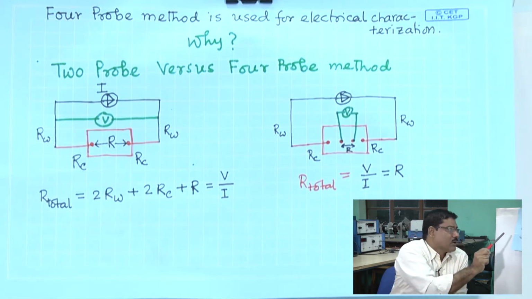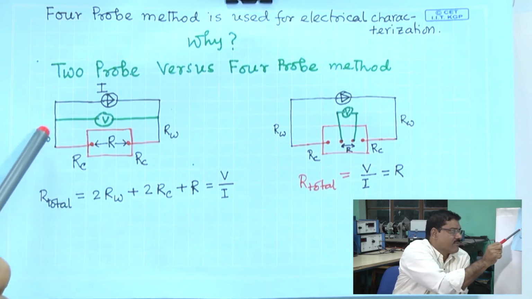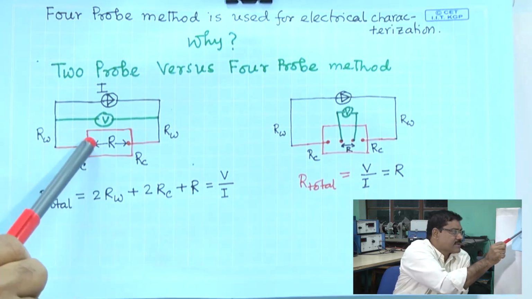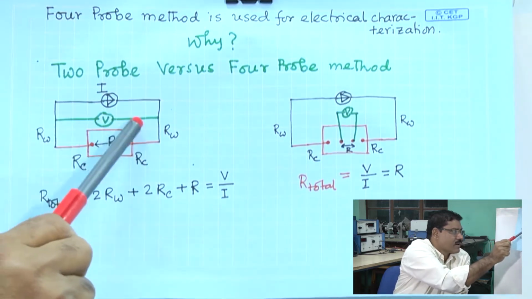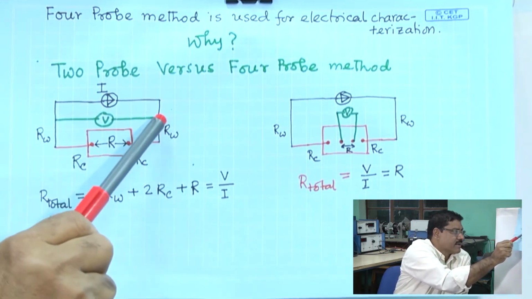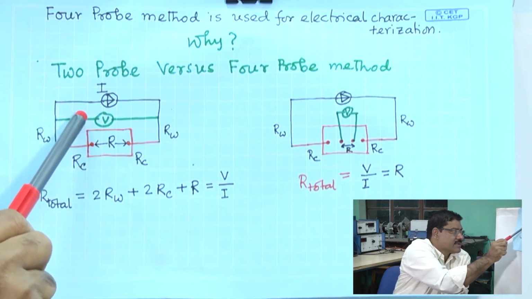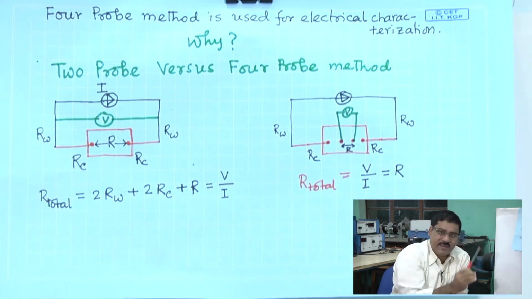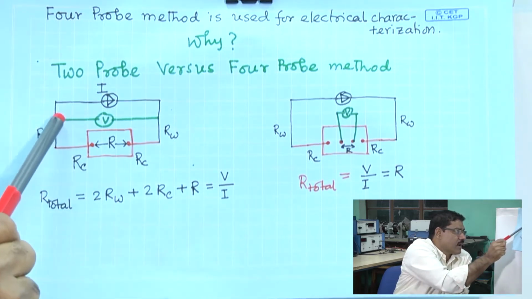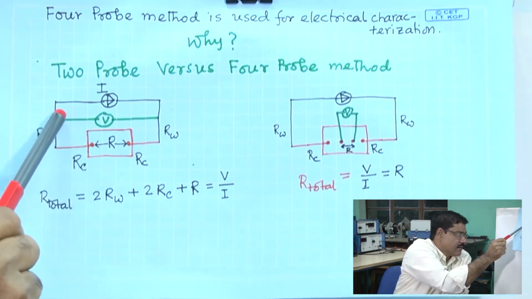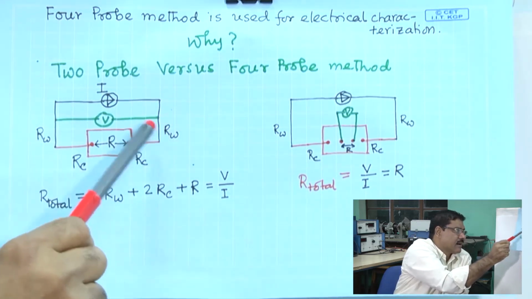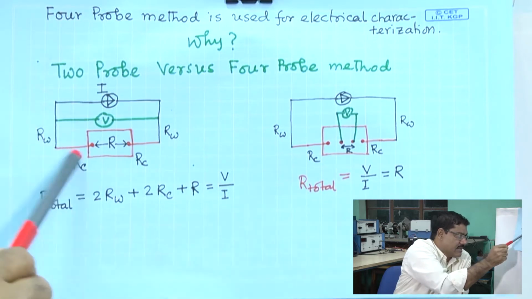Here RW is the wire resistance. The voltmeter will give the reading of the voltage drop across whatever resistance is present in this circuit.